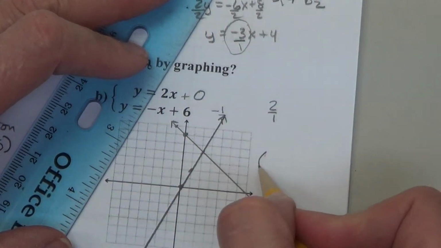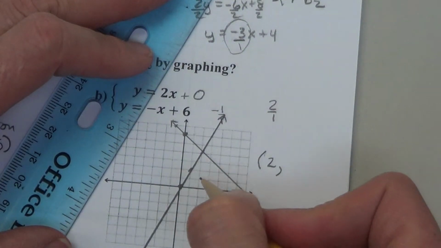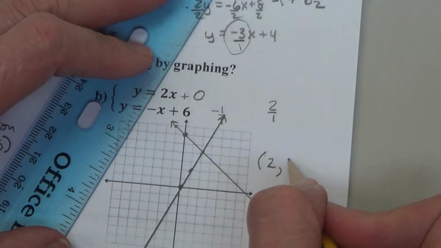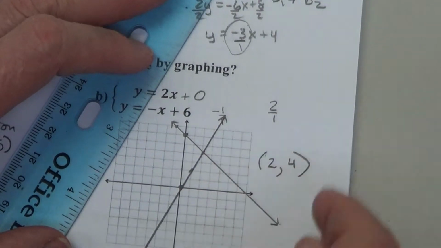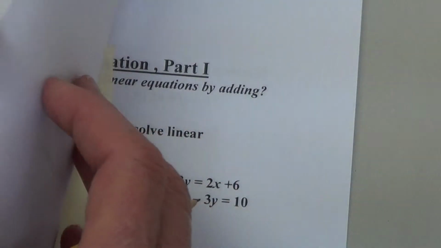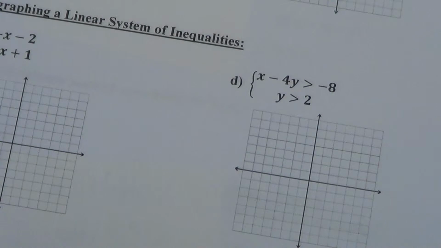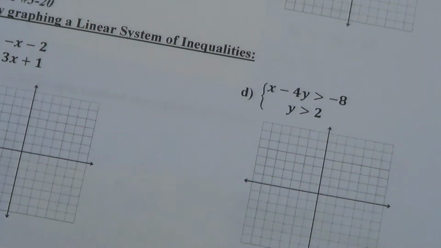So the solution or intersection is 2, 4. Okay. That's page 5. Moving on with page 5.